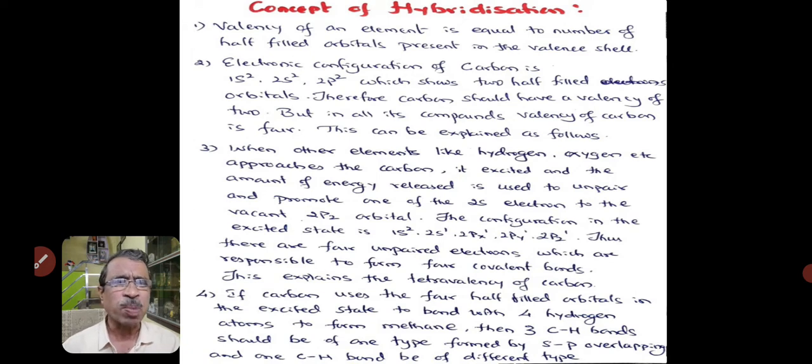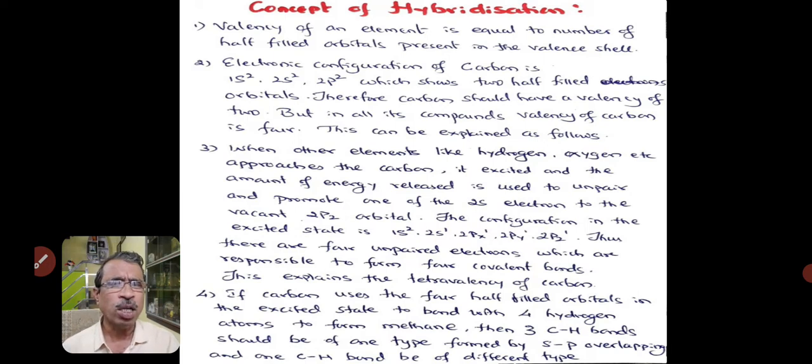This can be explained as follows. When other elements like hydrogen, oxygen, etc. approach, the carbon atom gets excited and the energy released is used to unpair and promote one of the 2s electrons to the vacant 2pz orbital.